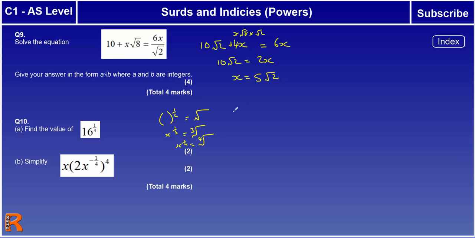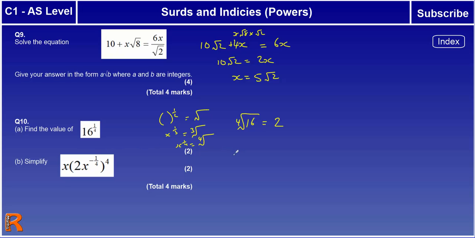The only ones we know the fourth roots of are maybe a power of 3, so 81: the fourth root of 81 would be 3. Maybe a power of 10, so the fourth root of 10,000 would be 10. But most of these ones with the higher powers are going to be 2, so 2 to the power of 4 is 16. So the fourth root of 16 is going to be 2.